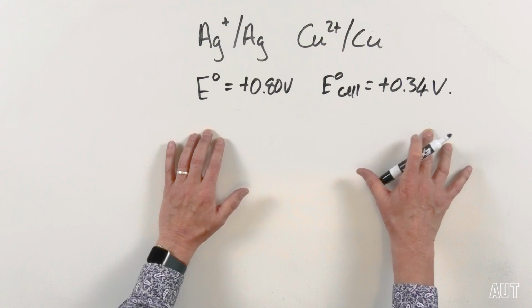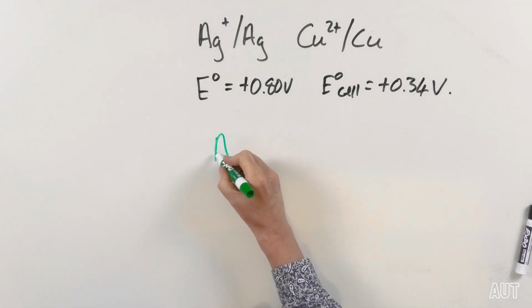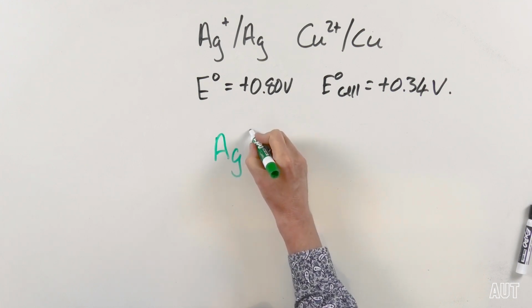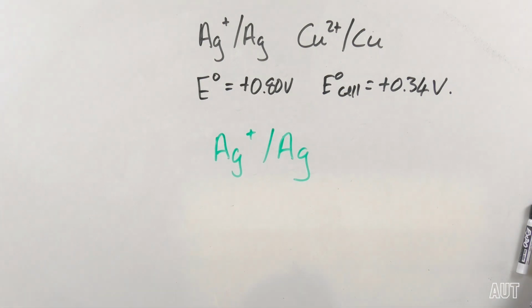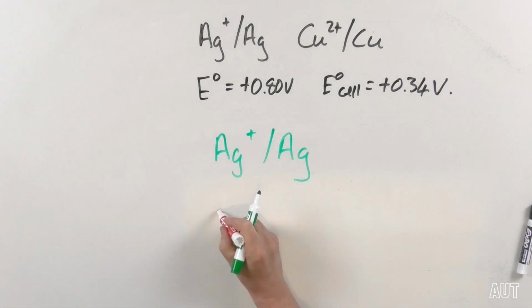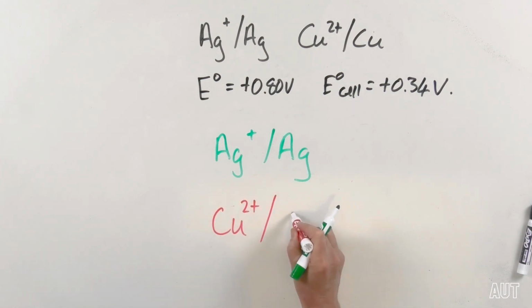Okay, right, so let's figure out what the possible processes that could occur are. Okay, and it's helpful that we write it sort of like this because that helps us to show that there's really only two possible reactions that you can get. And so let's write that Cu2 plus and Cu there.